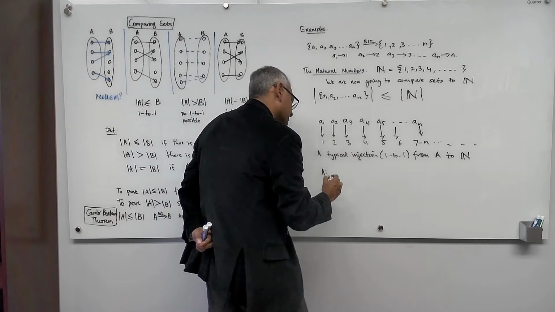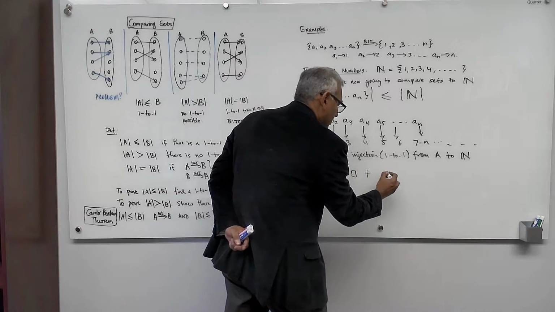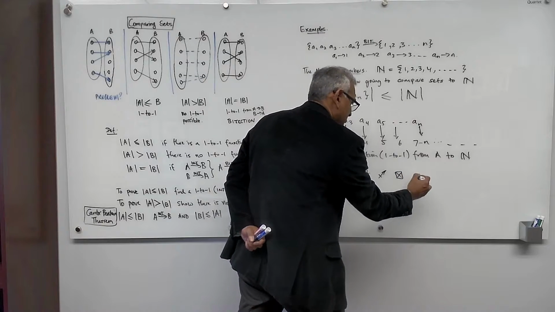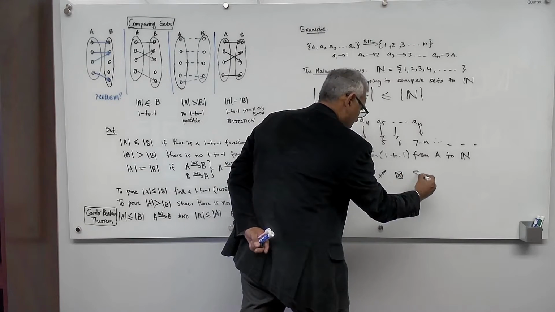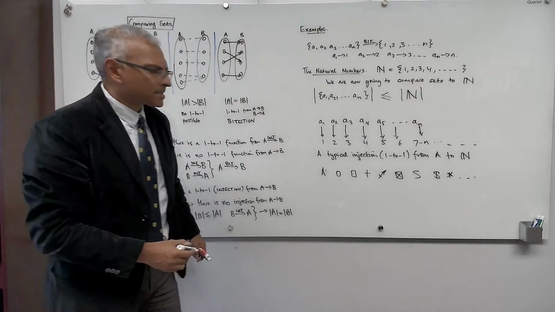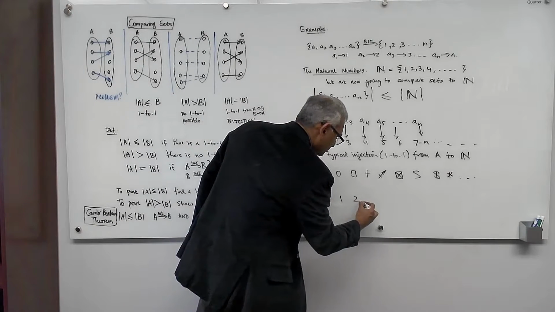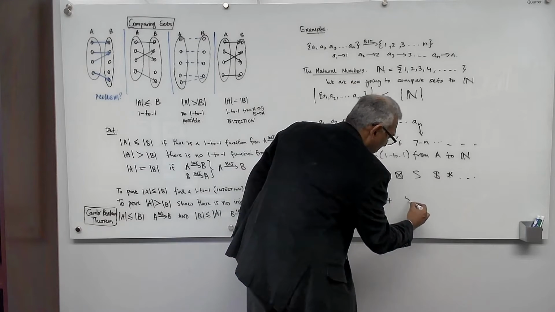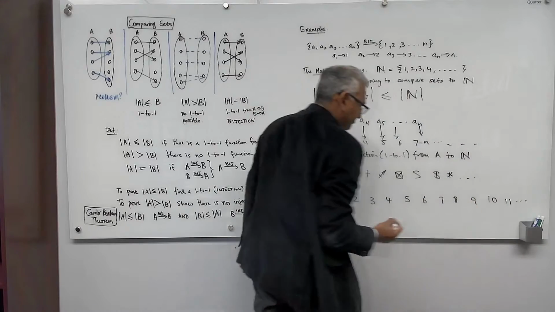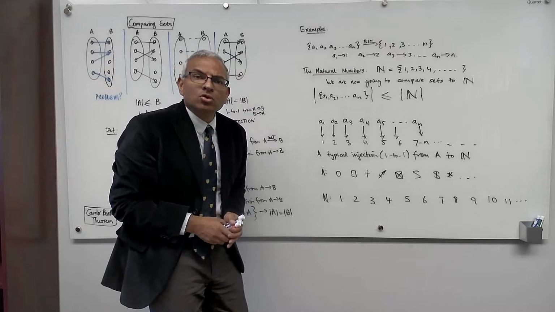So here's A. Maybe it's a circle, then a square, then a cross, then a dagger, or whatever, arrow, then a box with a cross, and a squiggly, and a dollar, and a star, and so on. So that's A. What are the natural numbers? The natural numbers, 1, 2, 3, 4, 5, 6, 7, 8, 9, 10, 11, and so on. So a typical injection from A to the natural numbers would look something like this.